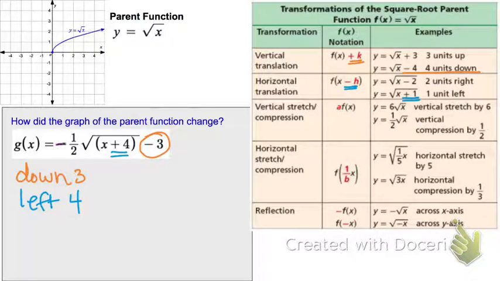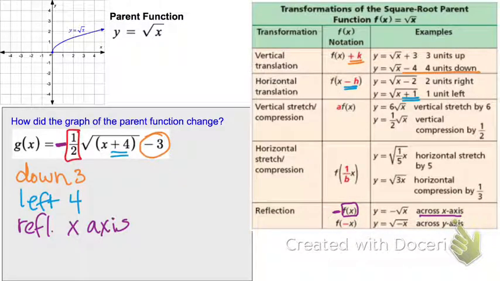Multiplying it by a negative number after you take the square root, that reflects it across the x-axis. And multiplying it by a fraction after the square root, that does a vertical compression.